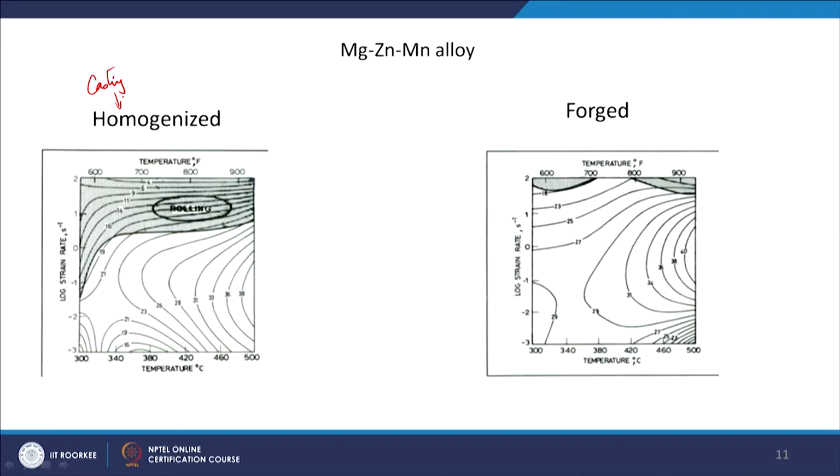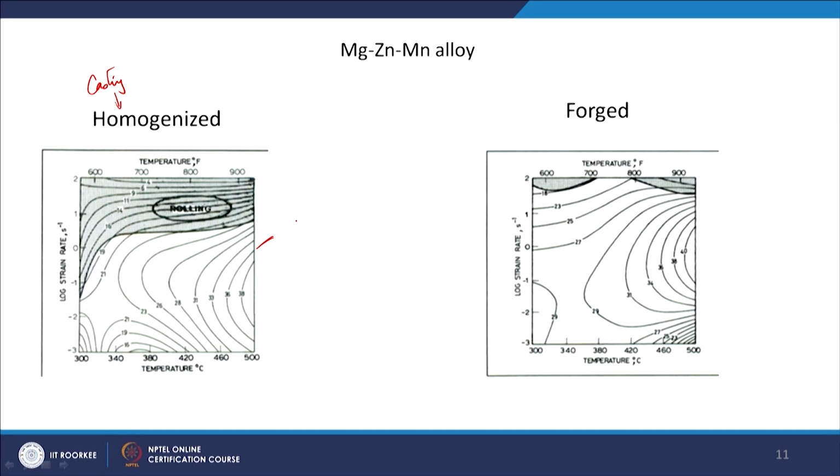Okay. But still the dendritic structure will be there, and with that kind of as-received material you have done different tests, okay, to measure the stress and strain as a function of strain rate, and from there you have developed this processing map. Okay.